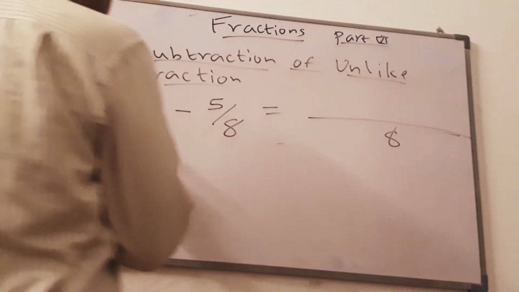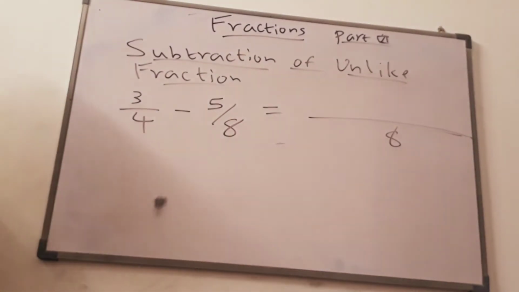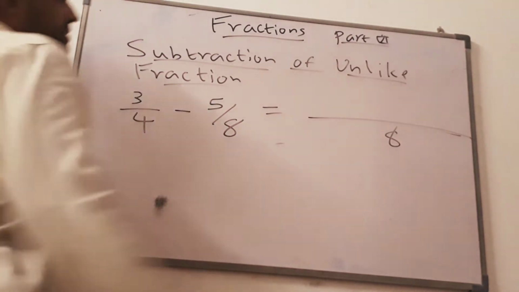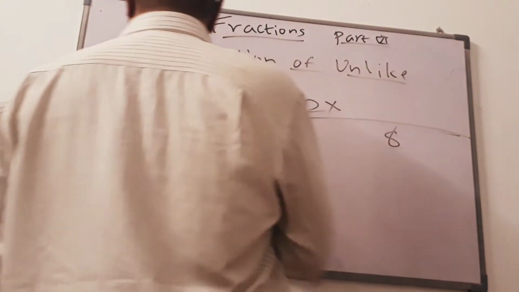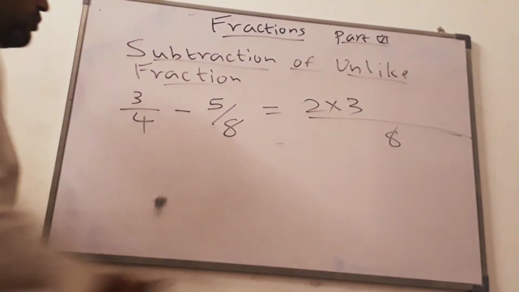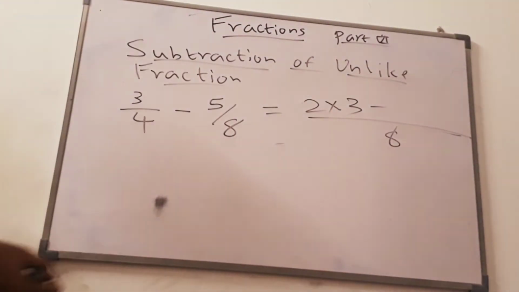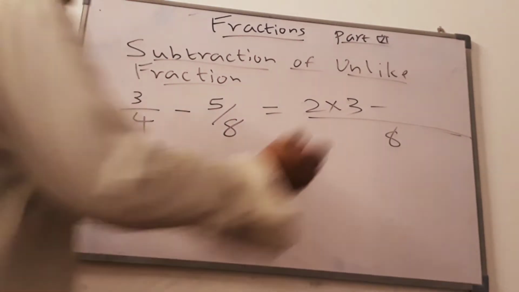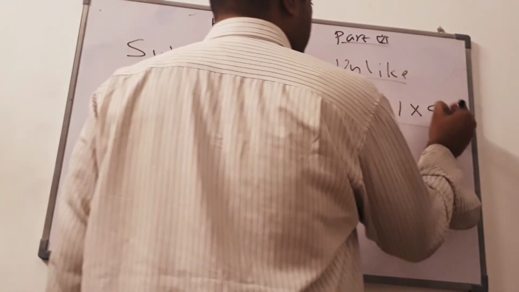Then we have to find how many 4s are there in 8. 2 4s. Then it is 2 times numerator 3, hence 2 times 3. Then we check how many 8s are there in 8. 1 8, 1 times 5.